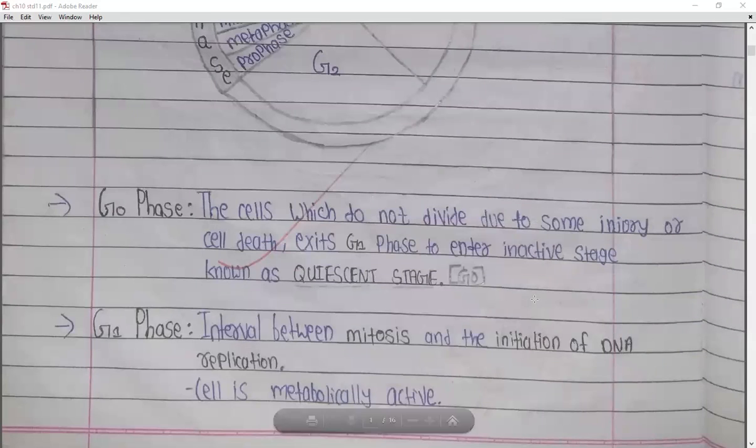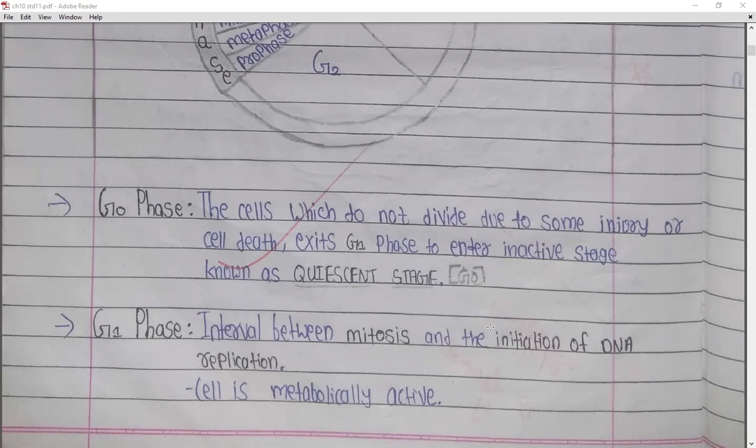The first is the G0 phase, and here the cells which do not divide due to some injury or cell death exit the G1 phase to enter an inactive stage, which is known as the quiescent stage. So the G0 phase is also known as the quiescent stage, where if any cell is not able to divide itself due to an injury, or if cell death is occurring, then it is not going to directly enter into the G1 phase.